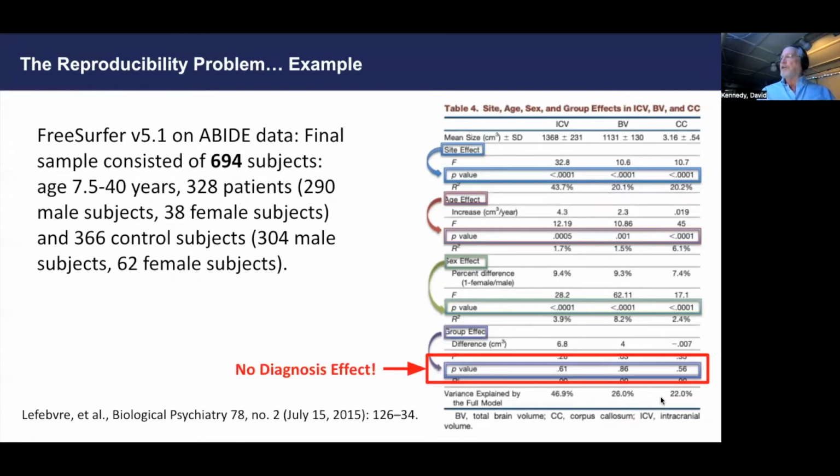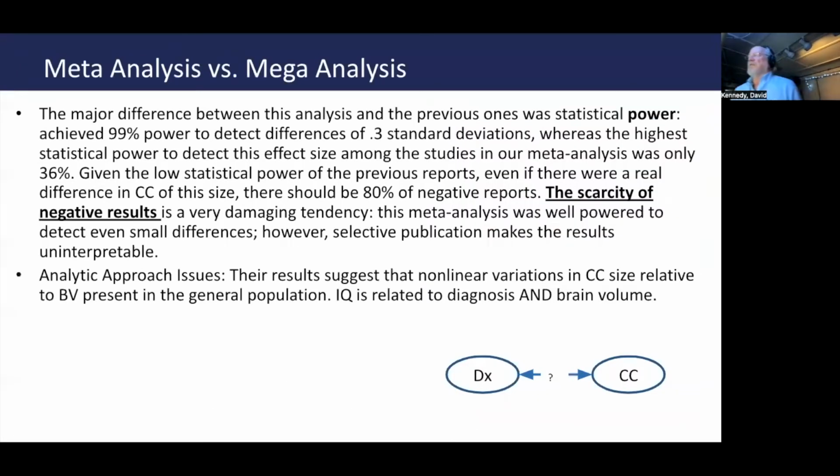When you actually do a properly powered study, and this study has 600 and some subjects and is very well powered to see effect sizes of that size, we don't see that effect. So again, the concern here is that false positives, limited observations, and only publishing of positive results and not the negative results can really yield a literature which is biased towards effects. And then when you do meta-analysis in that biased literature, you'll get a biased meta-analysis.